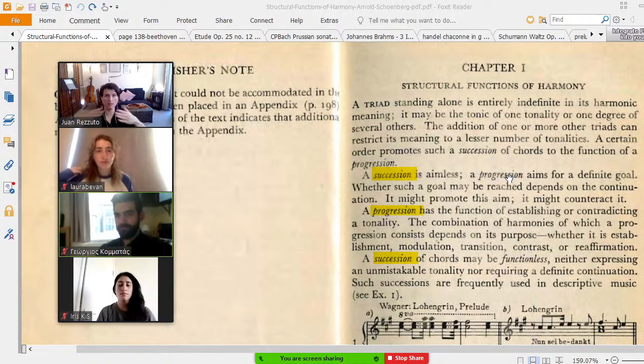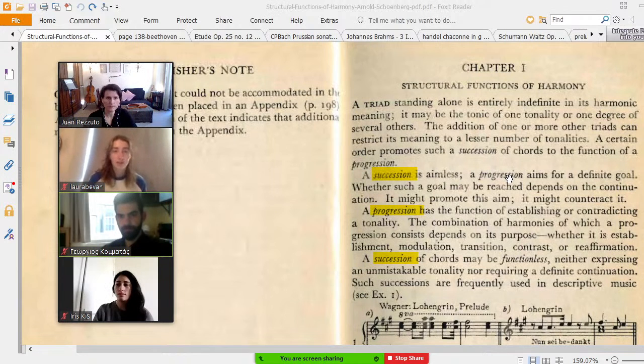If you have a very long sonata, for example, even a fantasy, harmony is key.